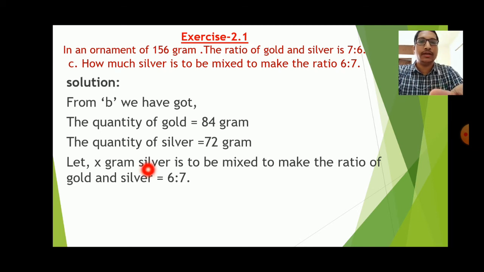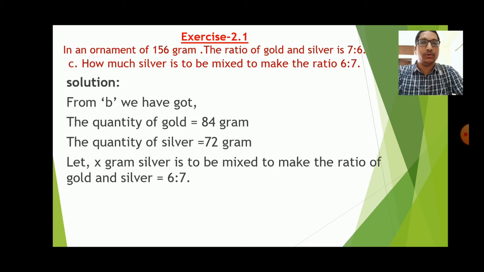That means here if we mix x gram silver, this unknown quantity of silver, then our ratio will be 6:7. We will let this unknown quantity be x. Okay, so here now we will find out the value of this unknown quantity.